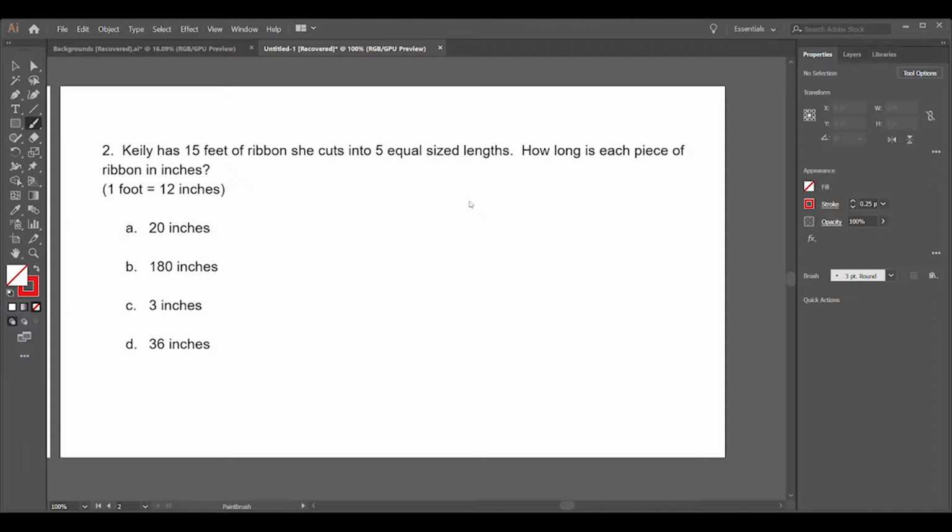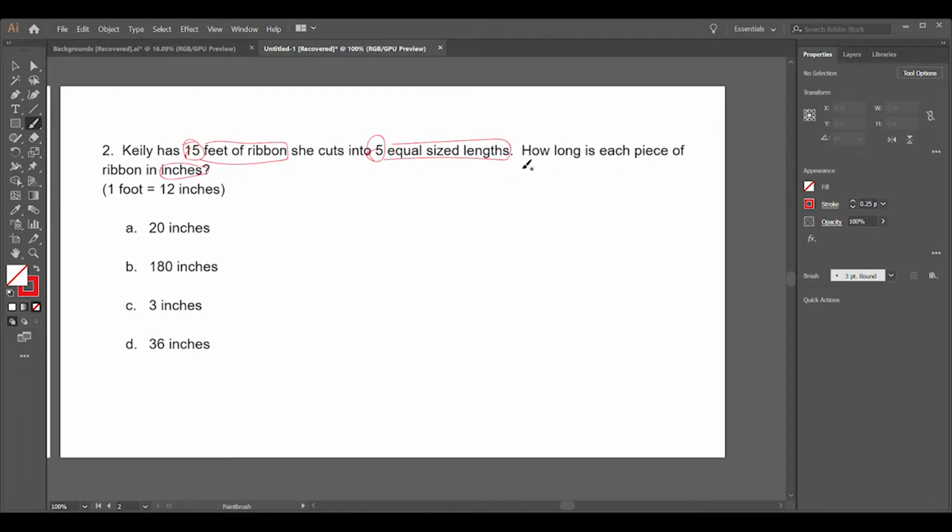And I see that they give me 15 feet of ribbon. She cuts it into 5 equal sized lengths. How long is each piece of ribbon in inches?